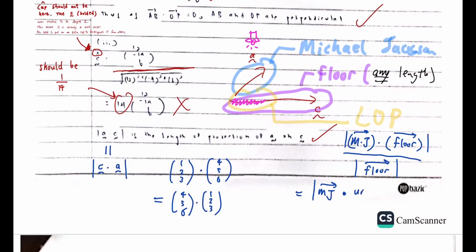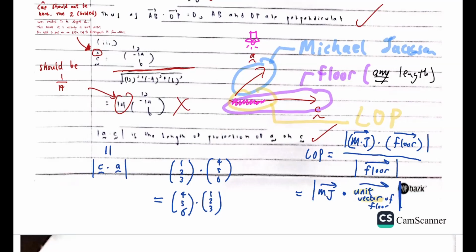Take note, here I mentioned floor any length, but here I mentioned unit vector. It's because I'm now calculating the length of projection. LOP equals this, the unit vector of floor. The main idea here is actually just a unit vector.